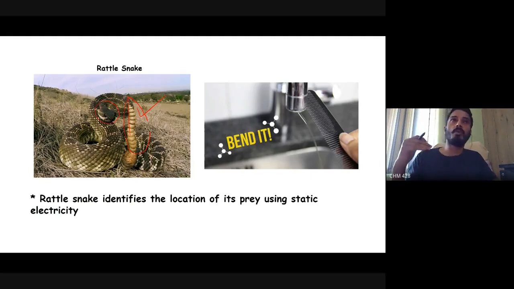Since the rattlesnake moves the tongue back and forth, the rattlesnake can easily detect the presence of water because water carries a charge. The moment water vapor is there, it will pick up that signal and the snake can detect the exact location of the prey without actually seeing it. So you can see electricity provides food for this poor species.